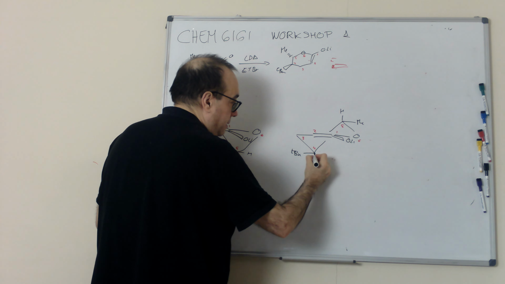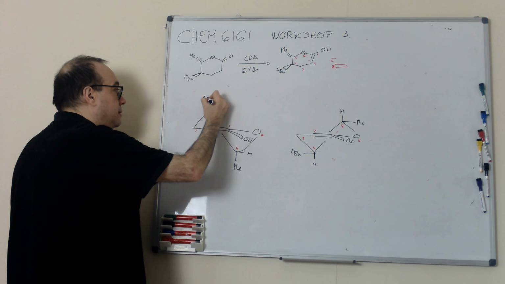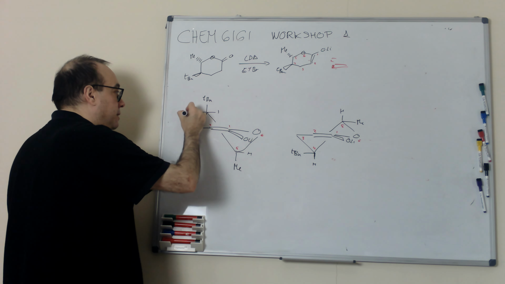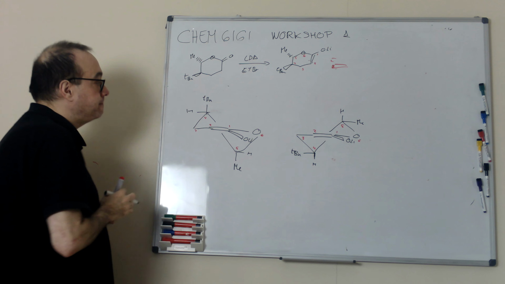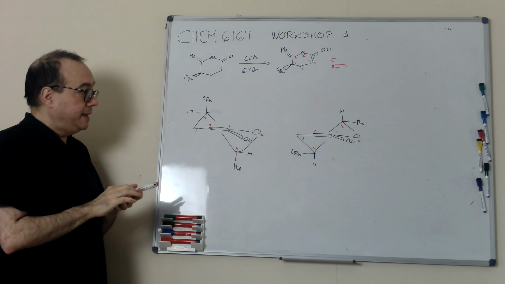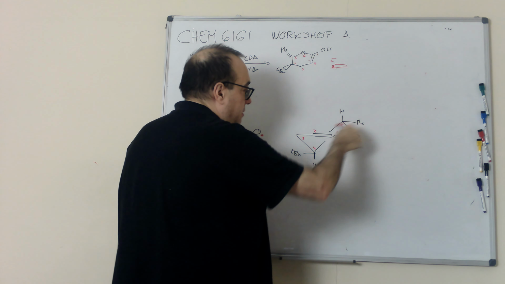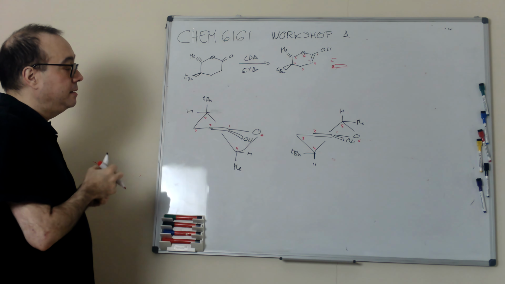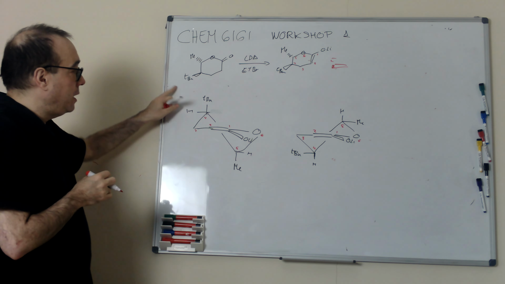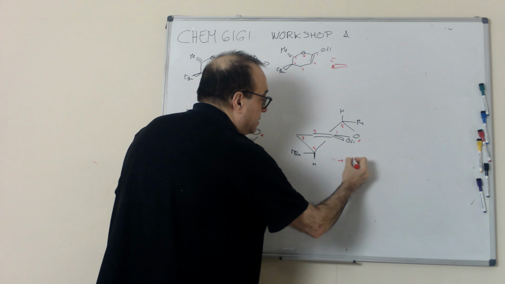Here I have the tert-butyl and the hydrogen. Well, in this case it's very easy. In this conformer, I have the two substituents, the tert-butyl and the methyl, in the equatorial position, while here both are in axial. Obviously, this will be more stable.